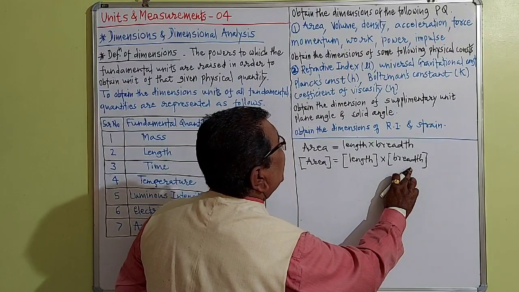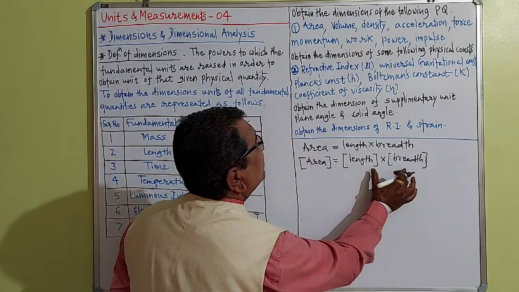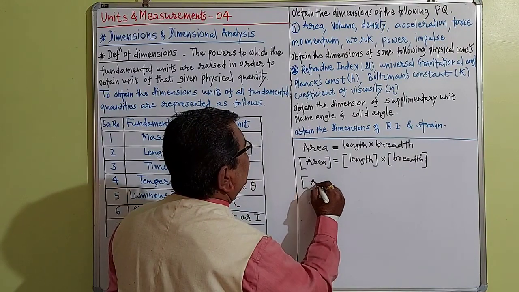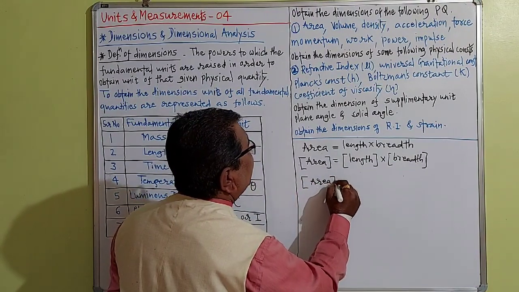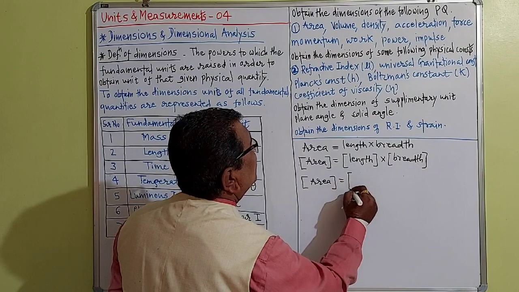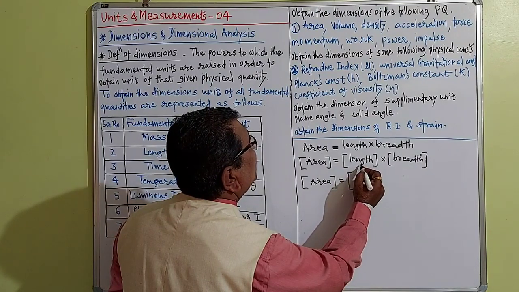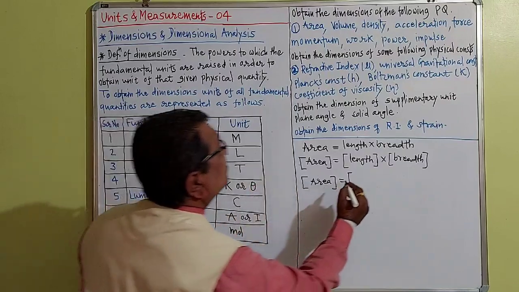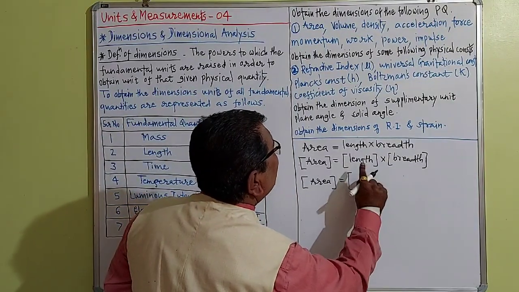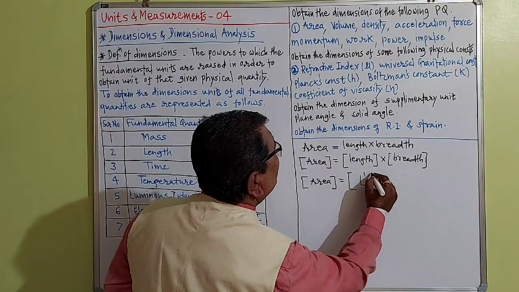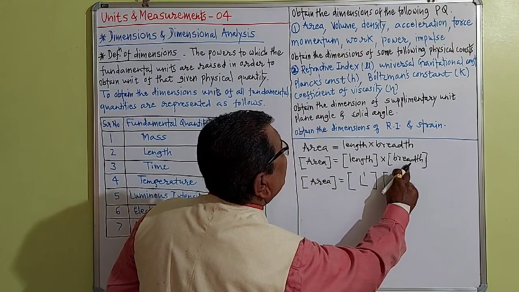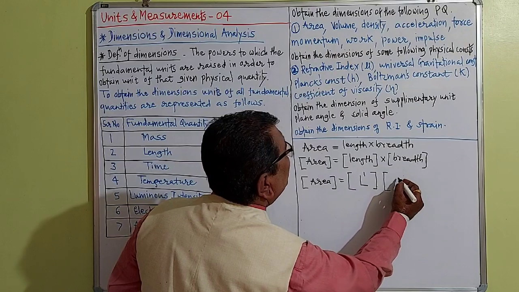Breadth is nothing but length, length is nothing but length. These two are fundamental quantities. Or finally we can write here, dimension of area is equal to, what is the unit of length? Unit of length, see here, is L. How many times does length come? One time. Into what? Breadth is also a type of length. How many times? One time.